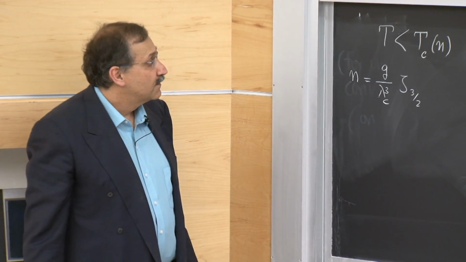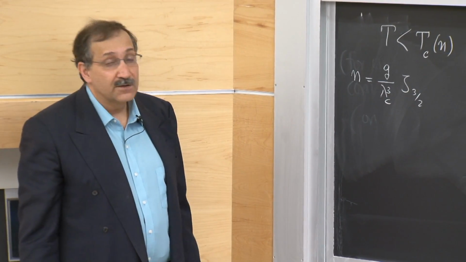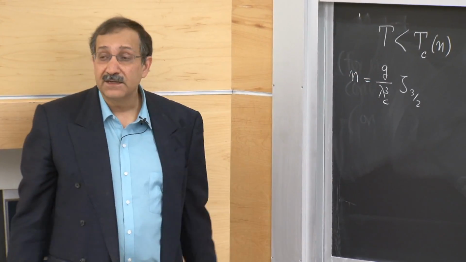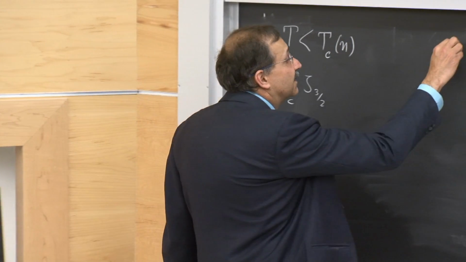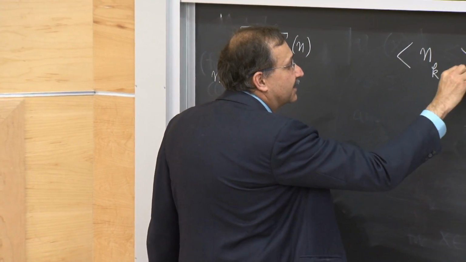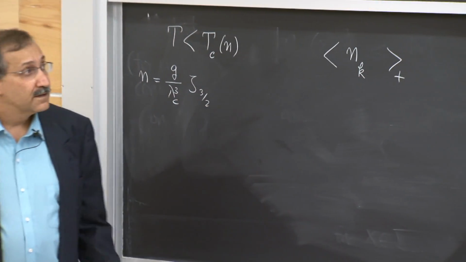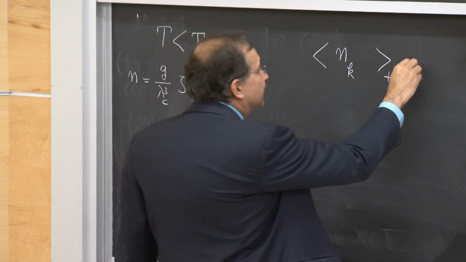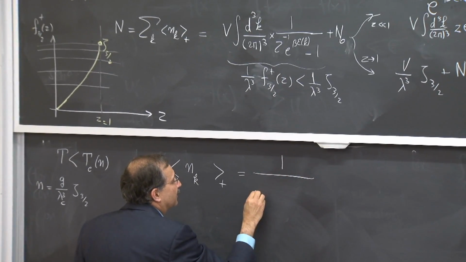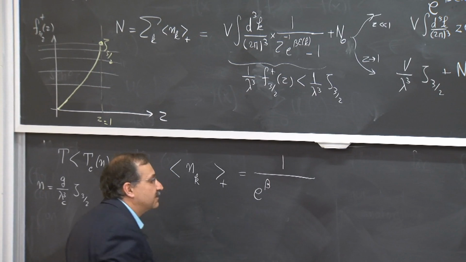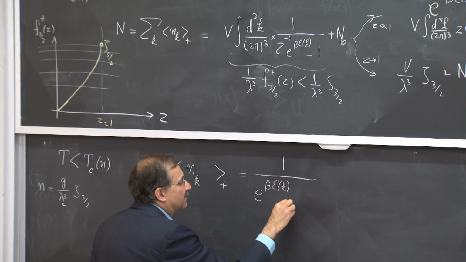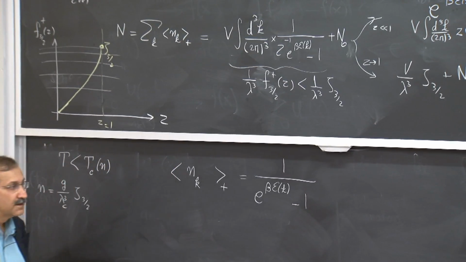Now, if I could look at the occupation numbers when I was at temperature less than Tc, what would I see? I would see that the occupation number as a function of k is exactly the form that we have over here with z equals to 1 over e to the beta epsilon of k minus 1.